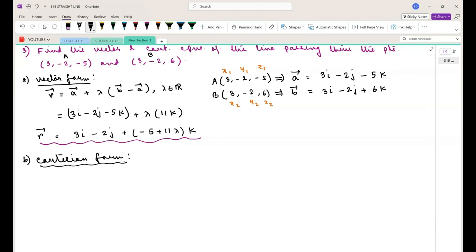So already we have written our x1, y1, z1, x2, y2, z2. Now let us see, anyway we can put it directly.